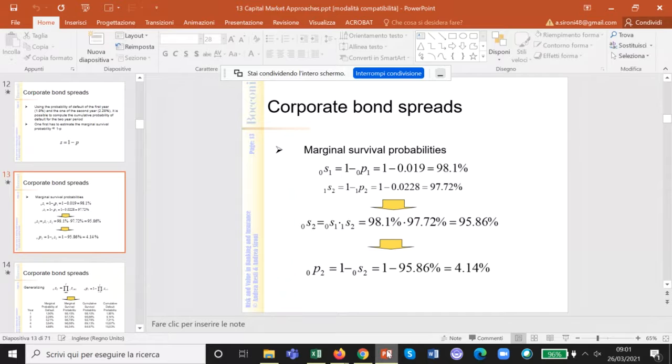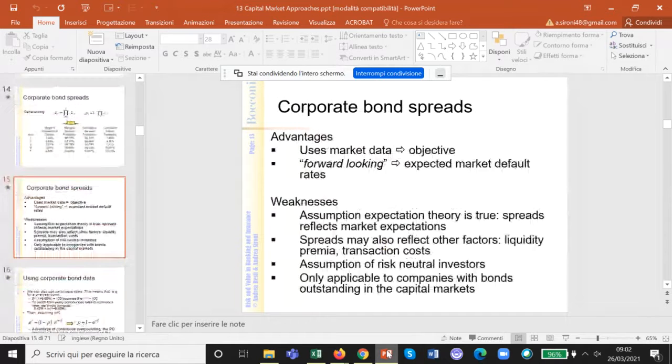Because the ones that actually did not survive simply are not there anymore. And so we're not treating them like two independent events that take place at the same time. We're actually considering two separate events that are taking place over different time periods. So I don't think that here we are necessarily assuming that there is independence. We're just saying that out of the ones that actually survived in the first year, only 97.7% survived in the second year.